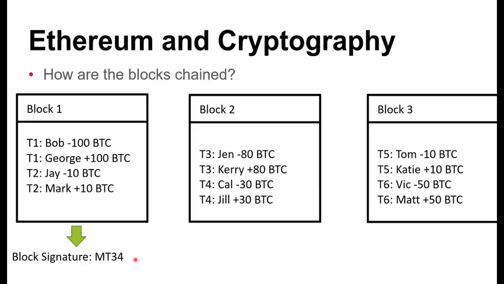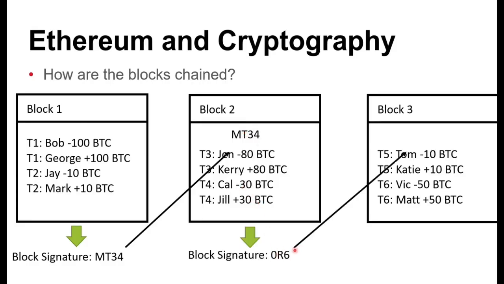So this is a very simplified version of the hash. We don't want to get into long numbers. It can get a little confusing as far as presentations. But we could see here that same signature is used in the next block. And then when this block fills up, it will get its own unique signature and the blocks will all get chained together.